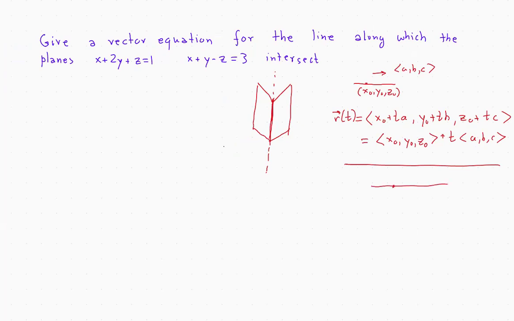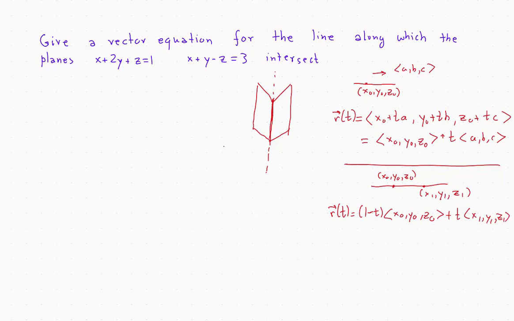So if you know that the points x naught, y naught, z naught, and x1, y1, z1 belong to this line, then a vector equation for this line is simply 1 minus t times the vectorization of the first point plus t times the vectorization of the second point. Now, it's funny that I mentioned these two ways because one can solve the problem in both ways.